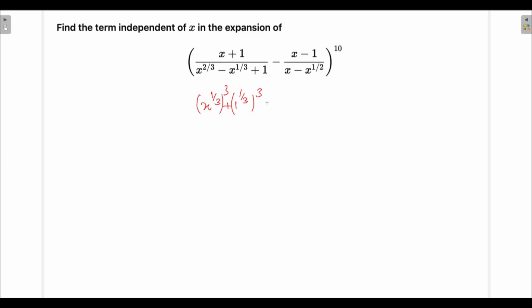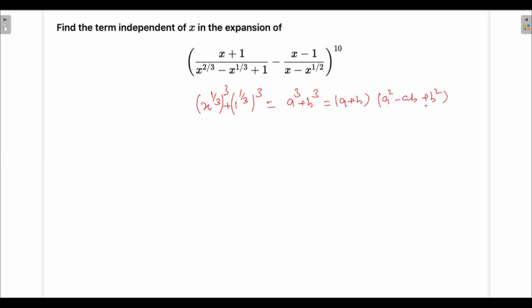If I assume this to be a, so this will become a cube, and then this will become b cube. And then I could write it as a plus b into a square minus ab plus b square.